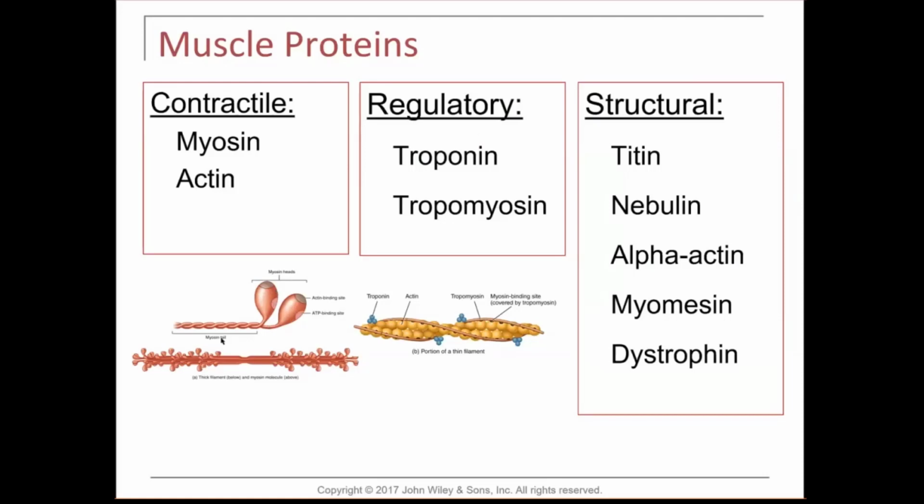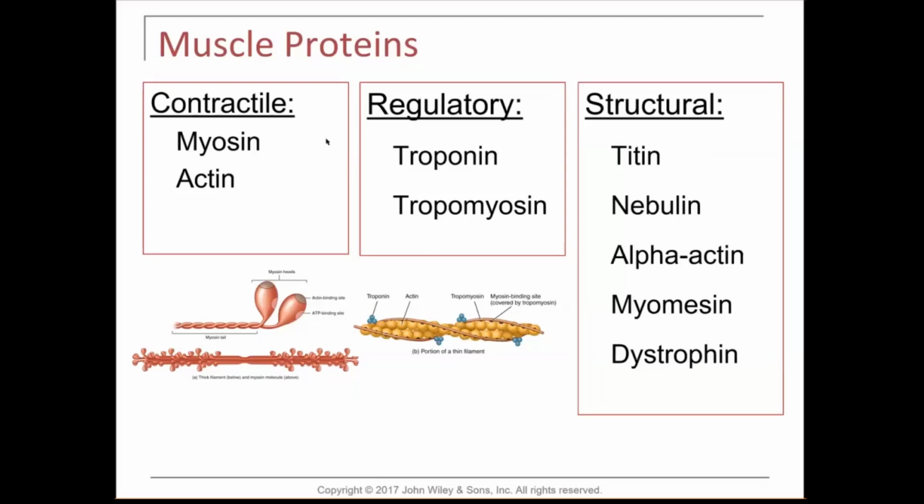So it's kind of like, myosin has a thing for actin, but troponin and tropomyosin are basically in the way, right? They're blocking that. And what we need to do is basically get these regulatory proteins to get out of the way so that myosin can actually bind to the actin and get the actin to pull inward, right? And that's what we're going to look at in the entire process of contraction in a second.